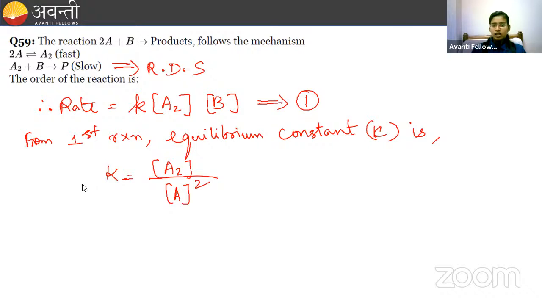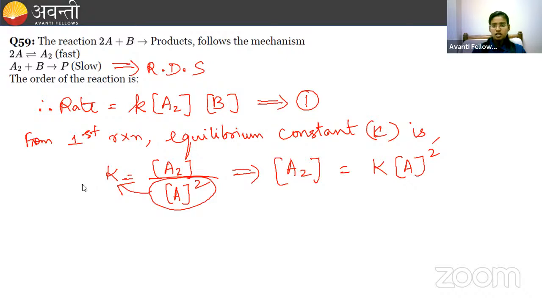Okay. And from this, A2 is equal to K into A square. I have brought this term to the other side and I have got this relation. So now I have found out this K.